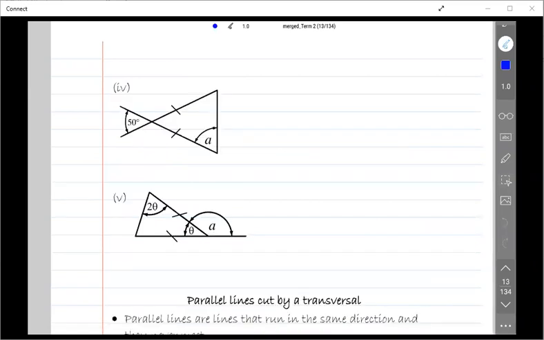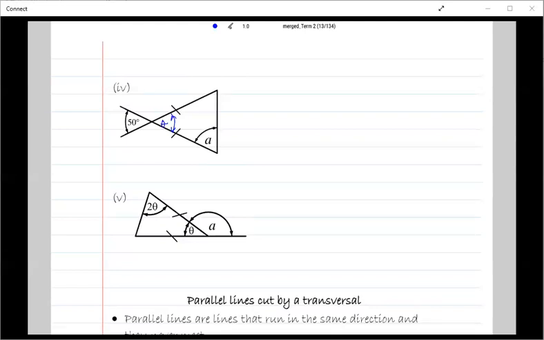Now, the fourth question. All right, first thing I would notice is this. If this angle is 50, who can tell me what this angle here is equal to? 50. 50, sir. Why is it equal to 50? I'm going to call it theta. Why is theta equal to 50? Opposite angle.